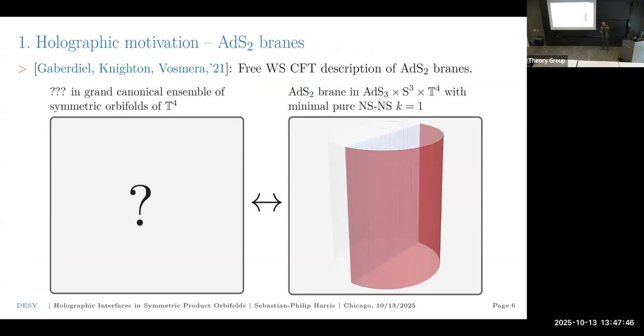So one family was some instantonic branes whose world volume is completely space-like, and that in particular don't support any dynamical physical open string spectrum. And for these instantonic branes, the authors of that paper managed to identify a holographic dual in symmetric product orbifold.